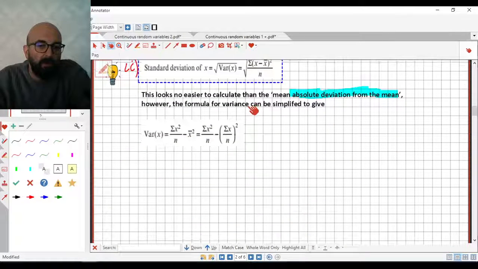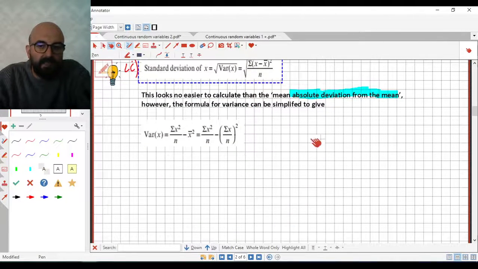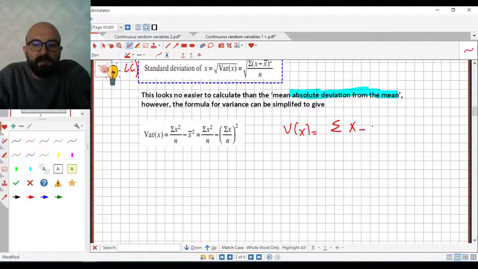Okay, now please remember that our variance is the sum of (x minus mean) squared over n.